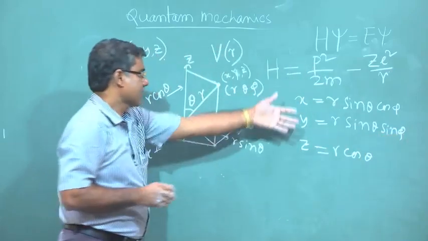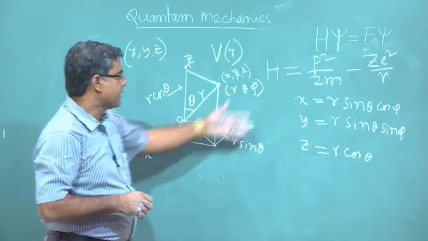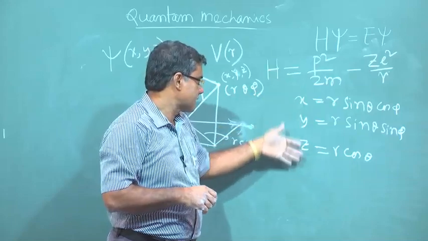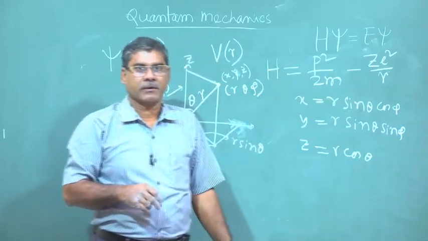So one can get the relation between the Cartesian coordinates and the polar coordinates.